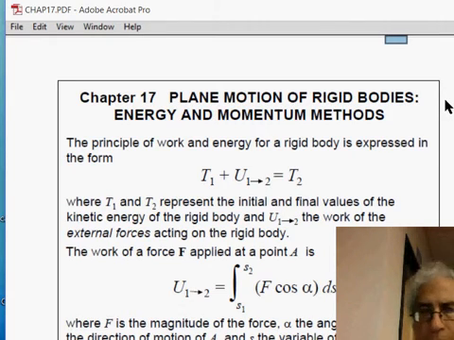Today we're going to see the plane motion of rigid bodies and energy and momentum methods as they apply to vehicle dynamics.